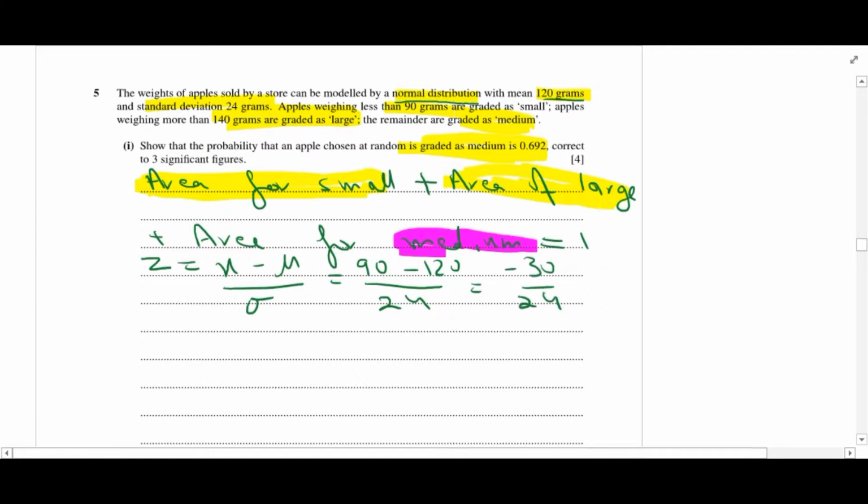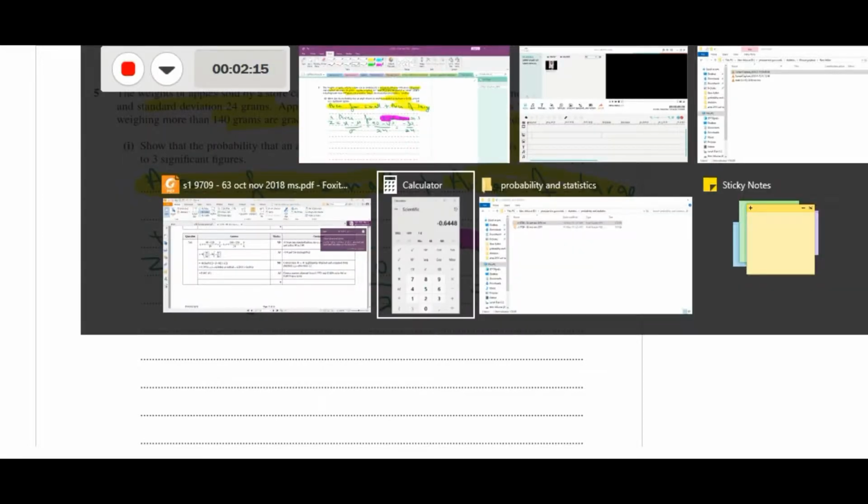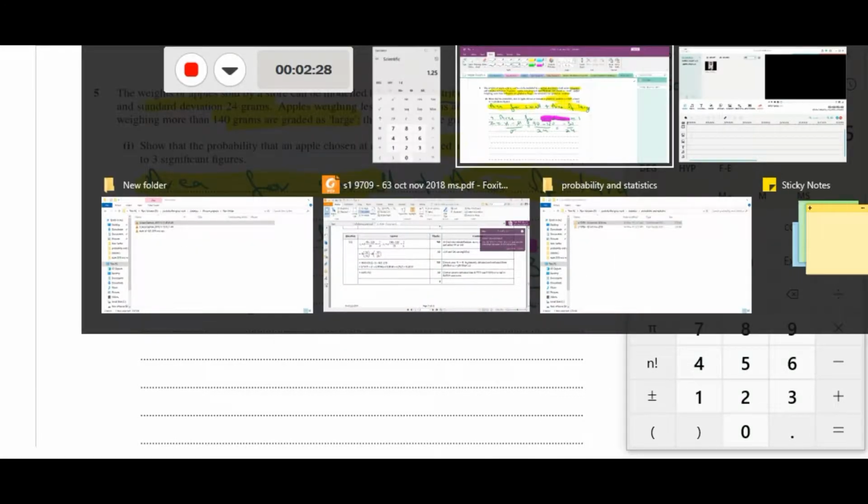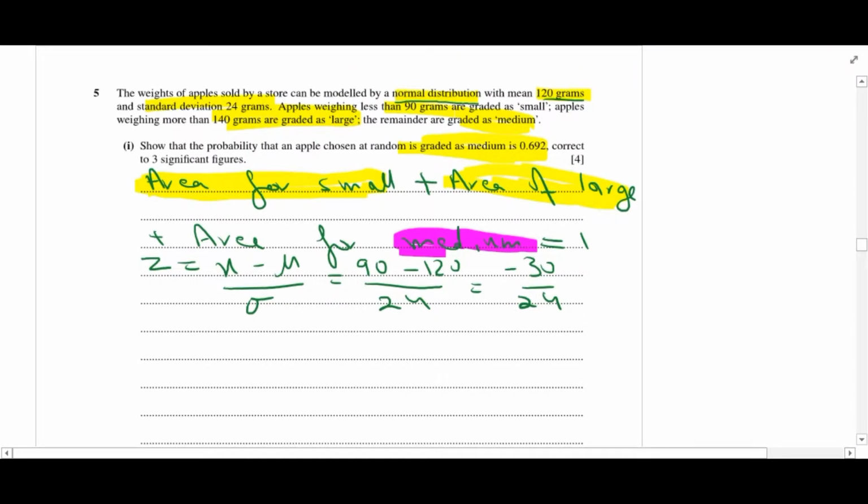Let's calculate: 30 upon 24 is 1.25, so this is minus 1.25.